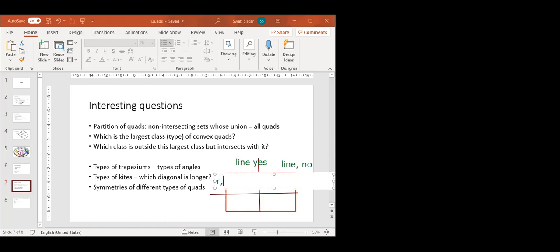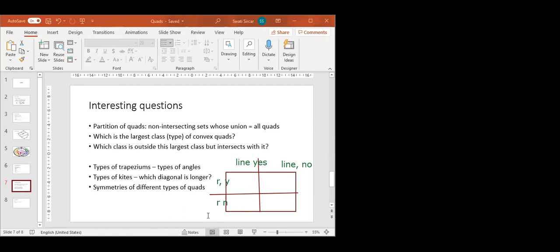Okay, so R yes and R no. So then you can see which quadrilateral has which kind of symmetry, and you have a sense of this. If you try it with triangles, not all the boxes will get filled.